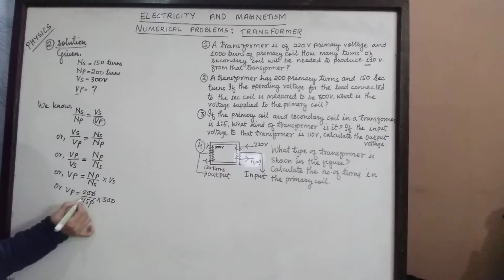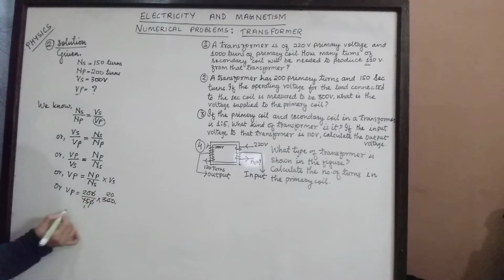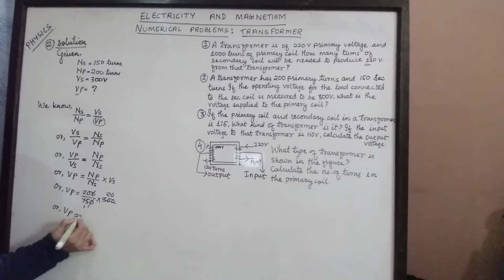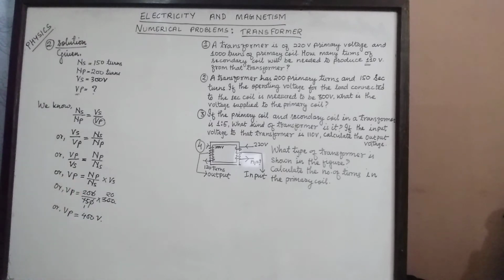0, 0 gone. 15 ones are 15. 15 twos are 30. 20 into 20 equal to 400. Yes, 400. This one is voltage in the primary coil, volt. Right? So now write the answer statement.